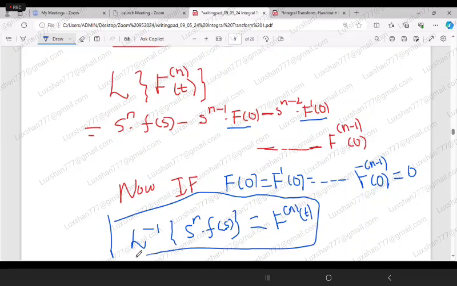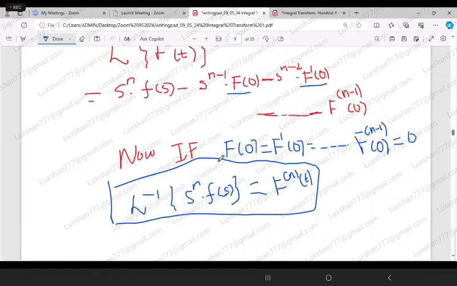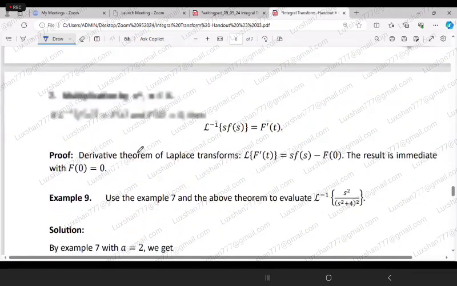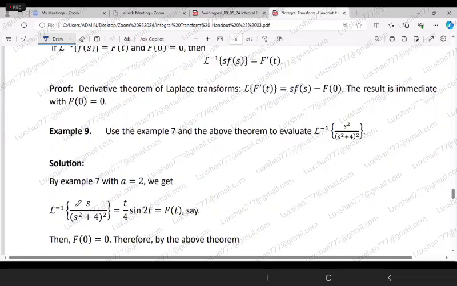But this is true under this condition only. If these are not 0, then you cannot write this one. So you have to be careful here. Okay, so that is understood. Now let's have an example here.